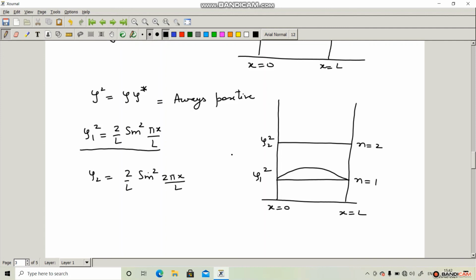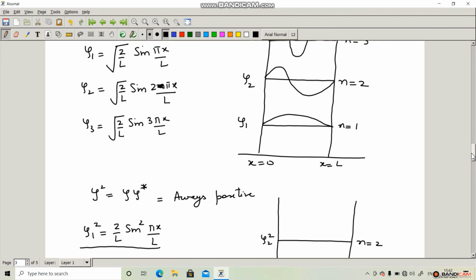And in the above diagram we have seen that this loop is positive and this is negative, and in case of psi 2 square this negative becomes positive. We can represent it like this: the negative part becomes positive and psi 2 square becomes this.